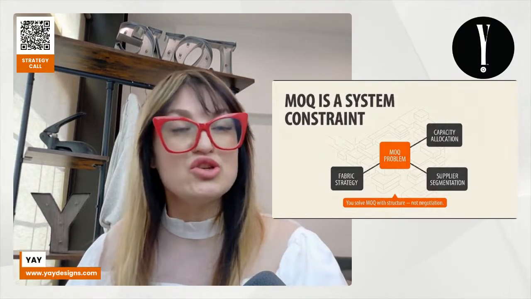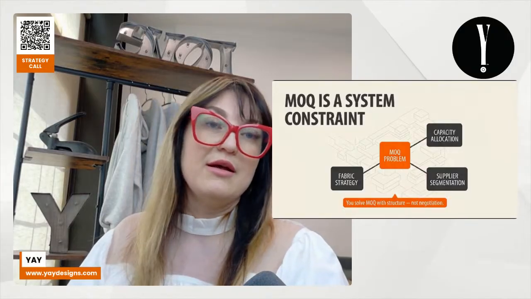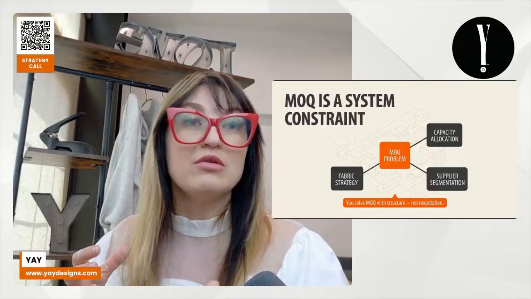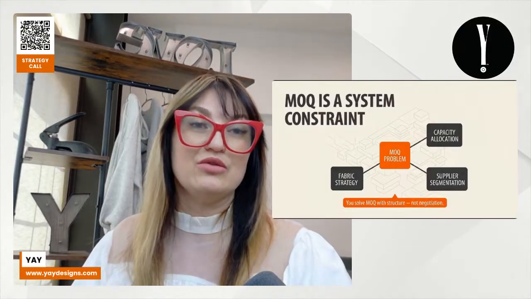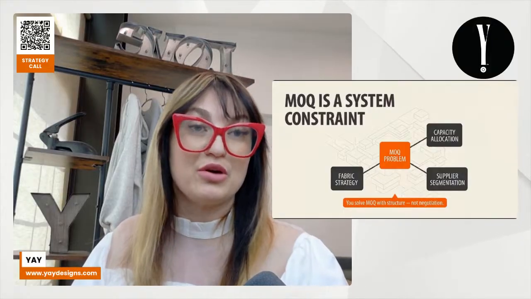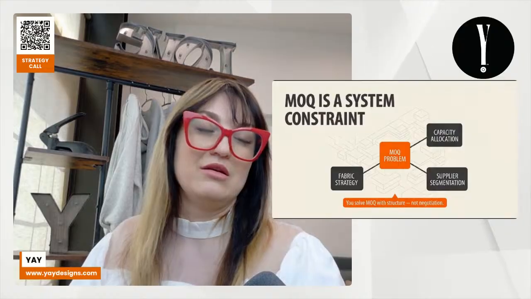Yes, we had to make a few adjustments on our design side. Yes, we had to adjust some of our blocks, but it saved us from committing to 1,200 to 800 units per style per color, to where now we could do it as little as 60.